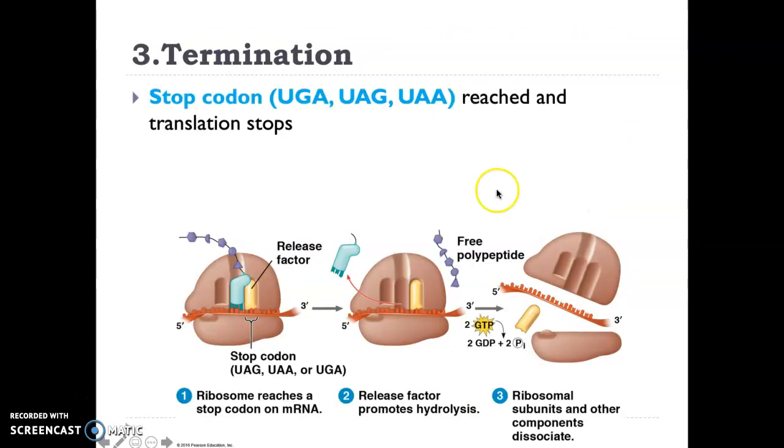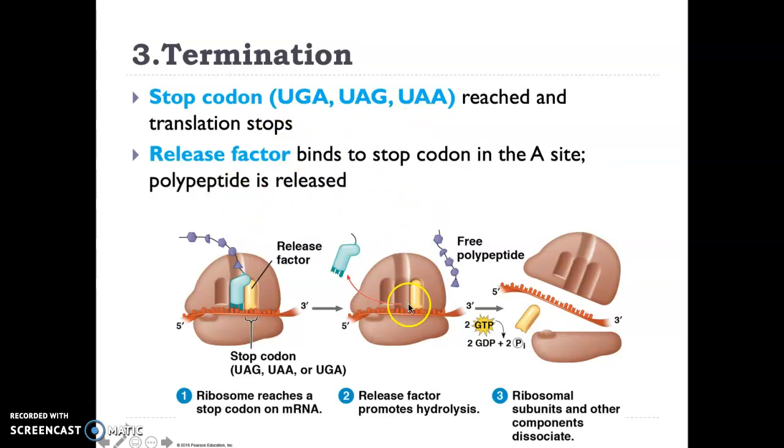And then this is going to continue to happen until the ribosome reaches a stop codon. And here are your 3 stop codons that you just kind of need to memorize. And translation stops here. A release factor, which is another protein, binds to the stop codon in the A site. There is not an amino acid for a stop codon.